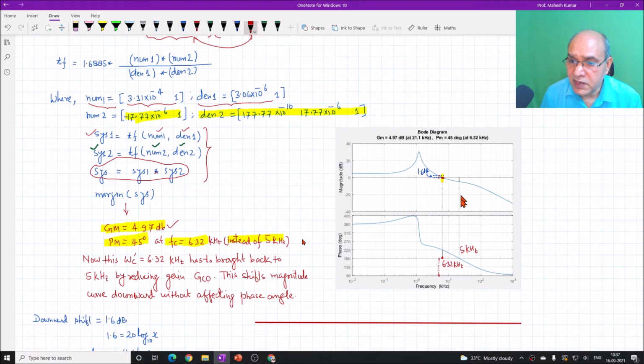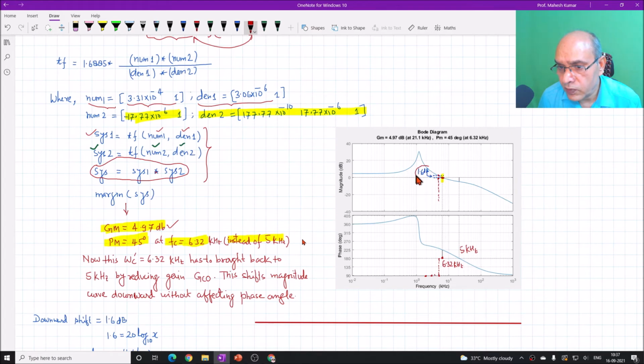This can be done by looking at what the gain is at 5 kHz. We want to shift this gain crossover frequency to 5 kHz. So I have to draw a line. This is 5 kHz. This is 1, this is 2 kHz, 3, 4, 5. So this line is the 5. And at this line, the gain is 1.6 decibel.